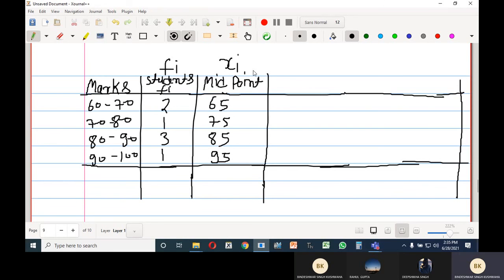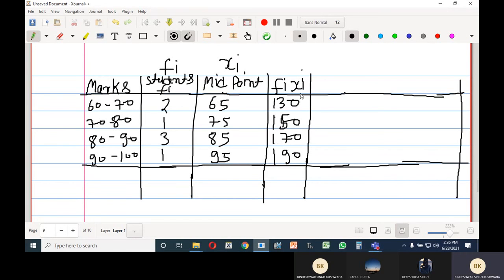So you will calculate fi into xi. So 65 into 2, 130; 75, 75; 85 into 3, 255; 95, 95.